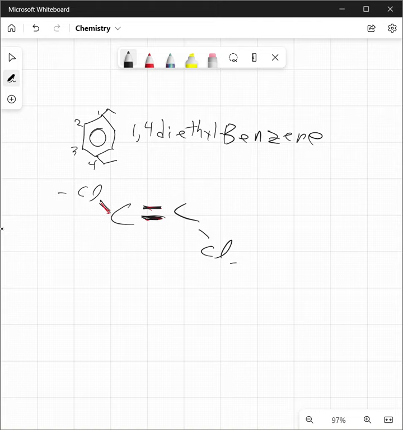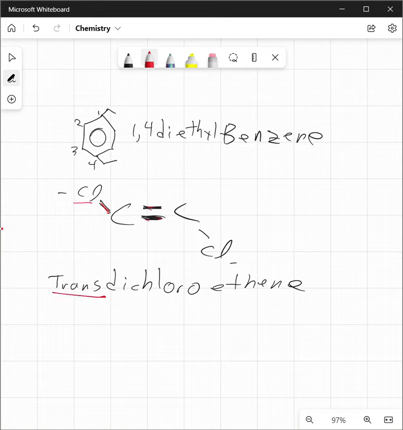Cis is on the same side, trans is on the opposite side. So this would be trans-dichloroethene.